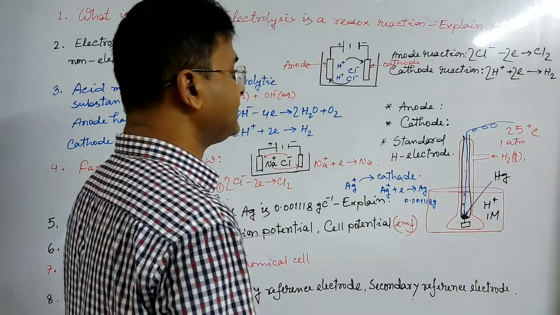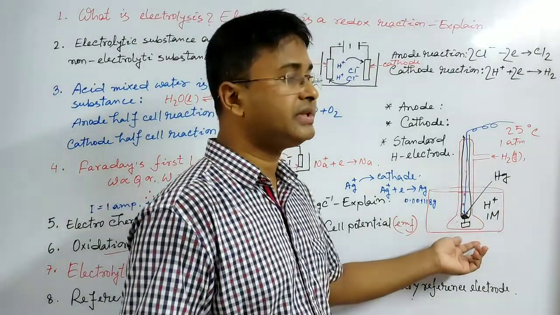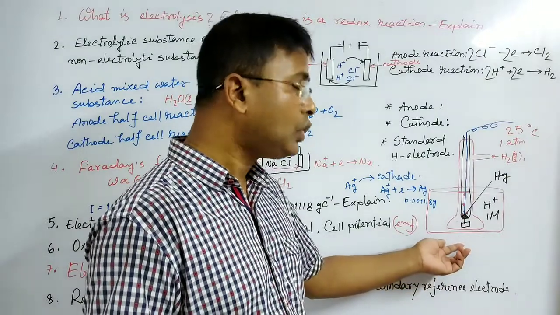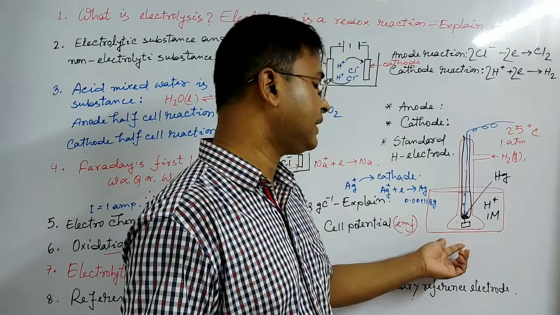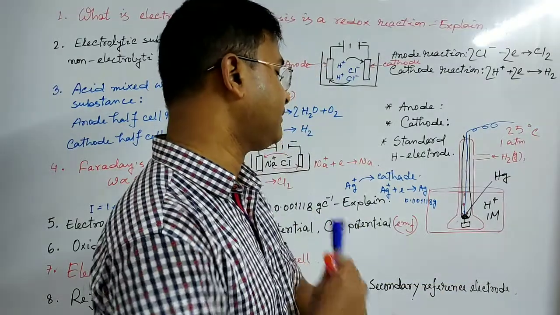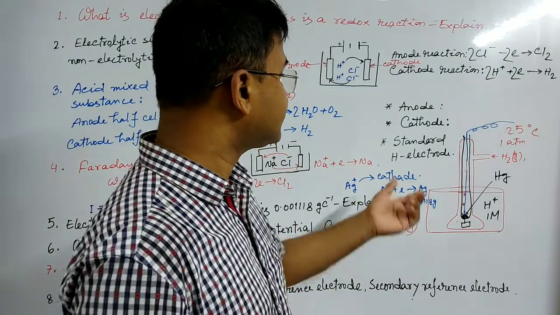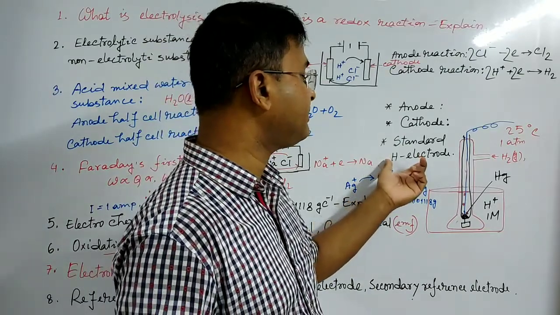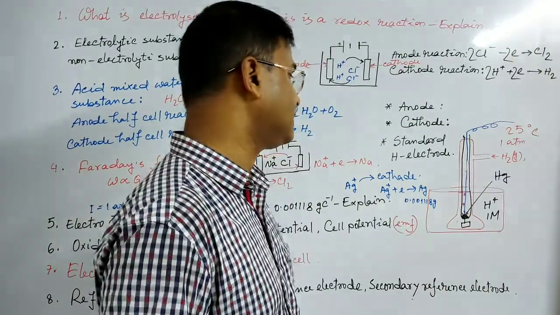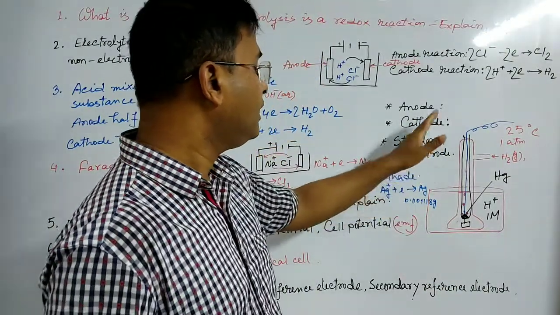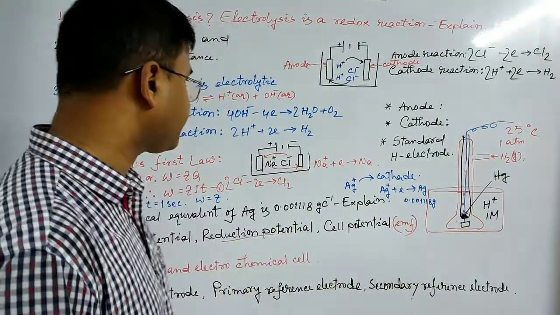This standard hydrogen electrode is connected with the electrode whose potential is not known, and then the potential of the unknown electrode is measured. Actually, standard hydrogen electrode is used for measuring the potential of an unknown electrode. This is the main use of standard hydrogen electrode.